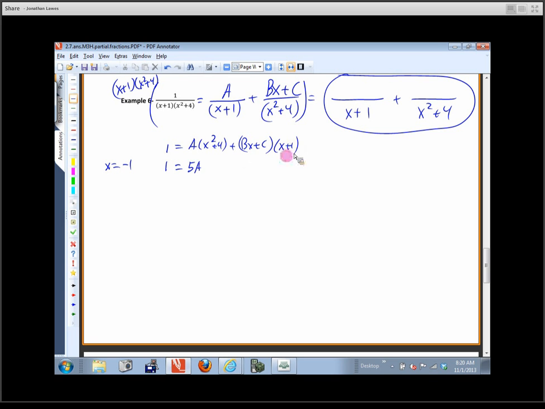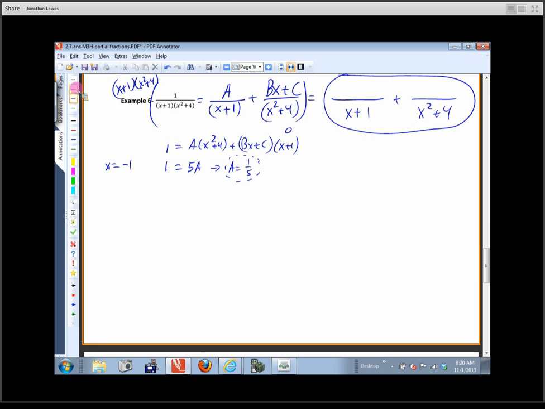If I plug in a -1 here, that makes this 0. 0 times whatever is going to be 0, so I don't need to write that anymore. So this tells me immediately that a is equal to 1/5. So I have one of the undetermined coefficients.